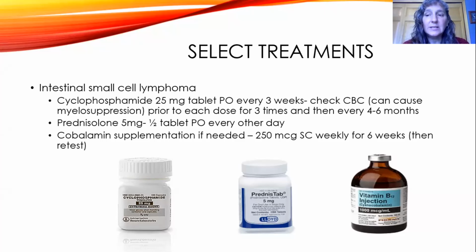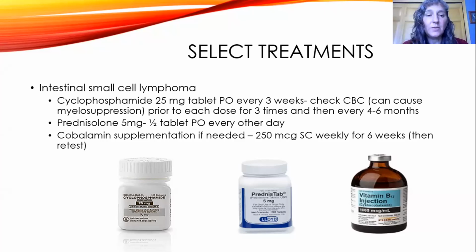It can cause some myelosuppression, so a CBC should be run before each dose is given for the first 3 times it's given. If that has been normal, then the time in between CBCs being run is extended gradually until you reach a point of every 6 to 12 months.